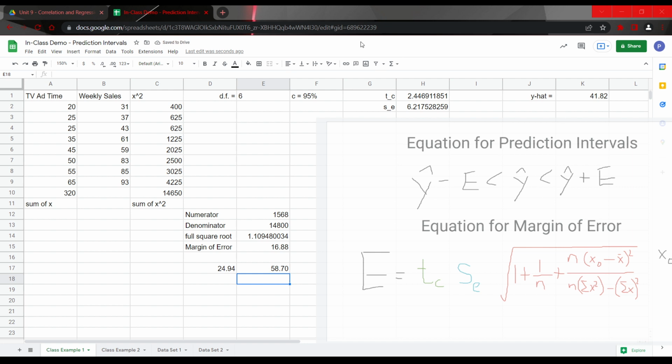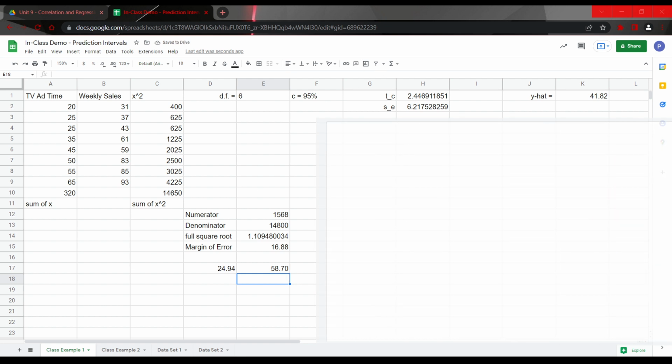And so my final answer, if I'm writing this on a piece of paper, will be 24.94 is less than y hat is less than 58.70.